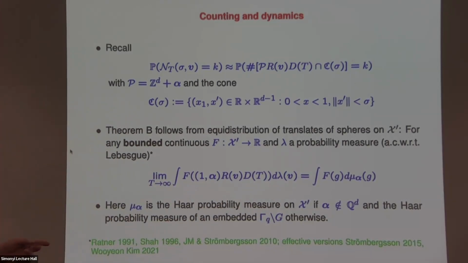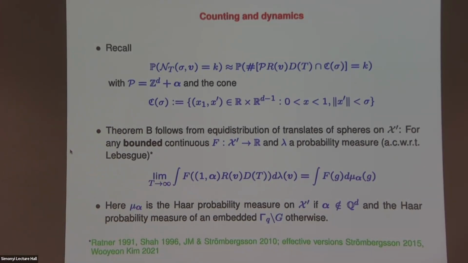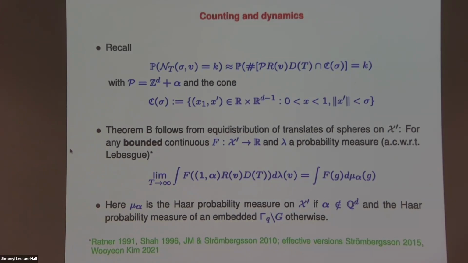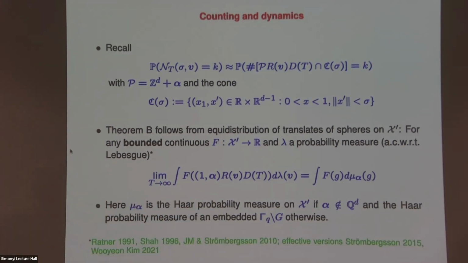And in fact, it's a special case, what we have here, of a theorem of Nimish Shah, who used Ratner's theorem. And Nimish Shah's theorem is about convergence of translates of certain unipotents that are embedded in a bigger space. And again, as I mentioned earlier, effective versions of exactly that statement have been proved recently by Wooyeon Kim in general dimensions following the work of Strömbergsson.